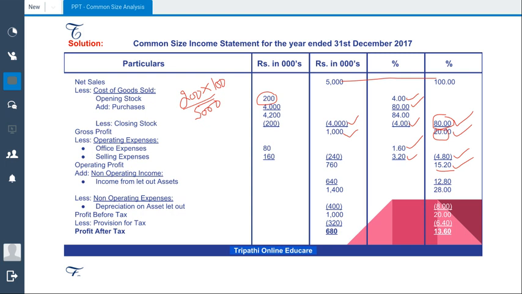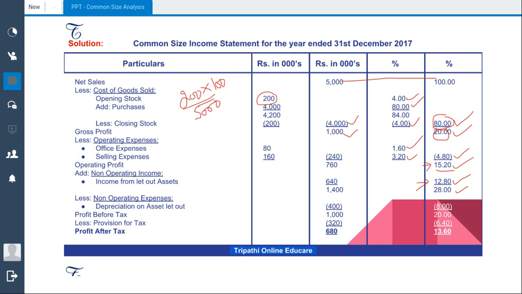Now to this operating profit, what we are doing, we are adding income 640, which is 12.80%. So that is how now you see your profit is increasing. Earlier it was 15.20. As you added the income to the profit, your profit went up to 28%.